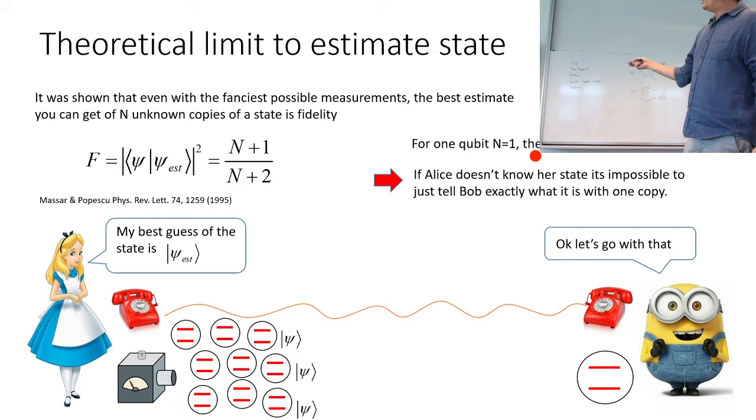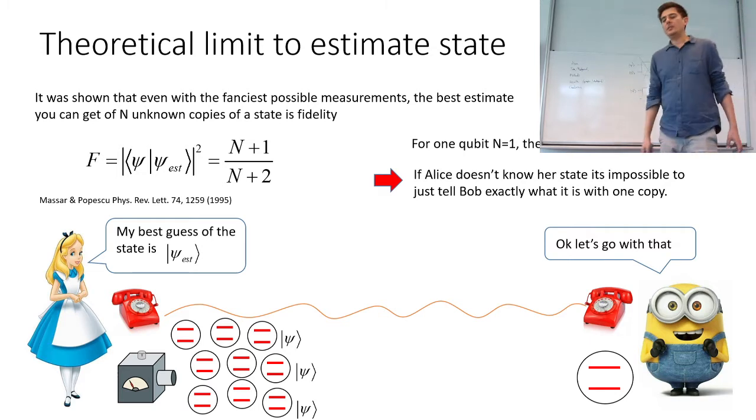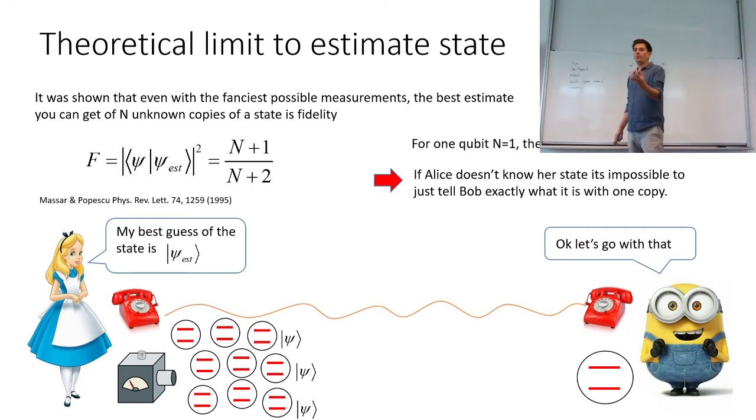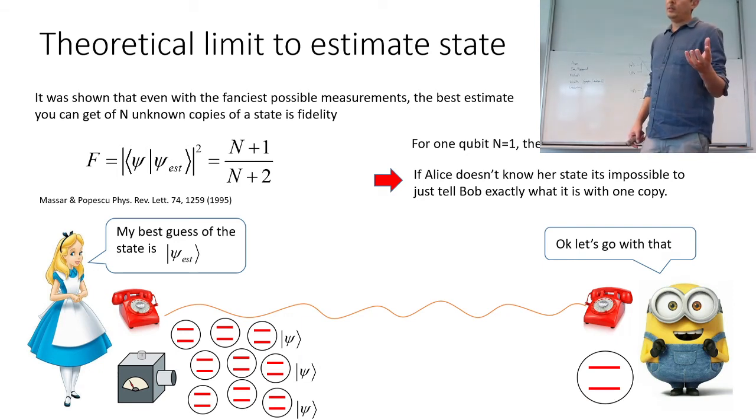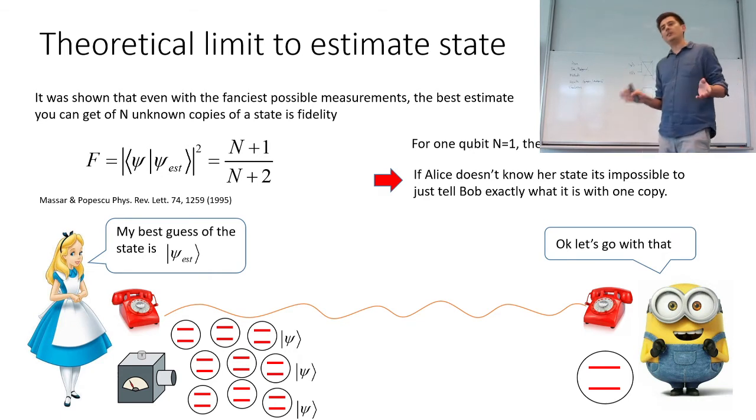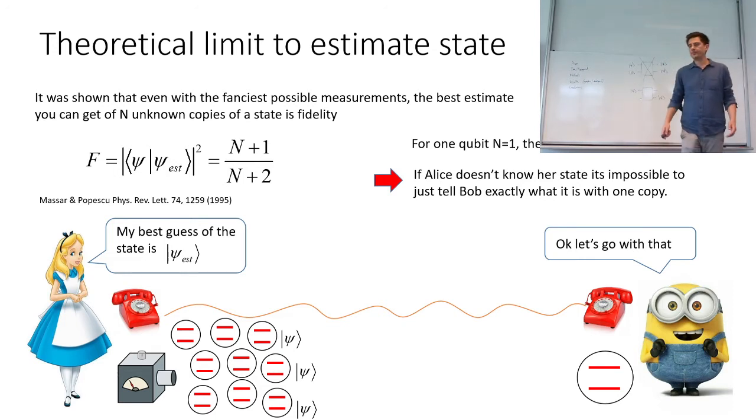So for 1 qubit, that means that the best fidelity is 0.666. So basically what that means is that if you've got an unknown state and you've only got 1 qubit, you will only be able to get within 66% of what the actual state is.